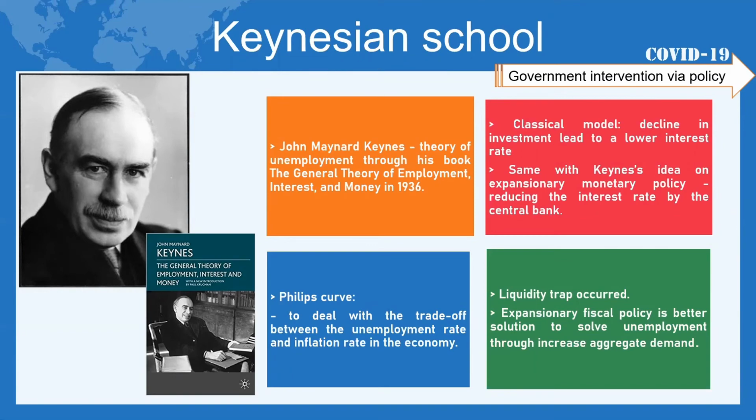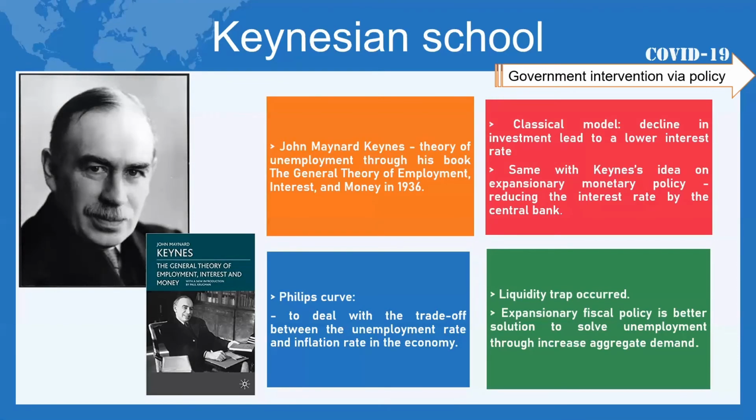Thus, this fall in interest rate will reduce saving, increase investment and cause the economy to return to full employment. However, Keynesian analysis says this does not happen because of factors such as the liquidity trap.